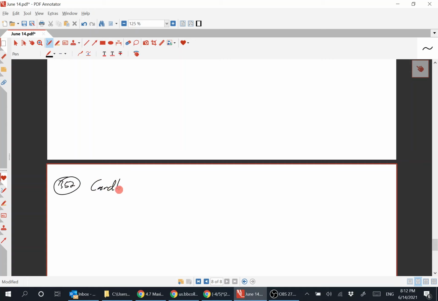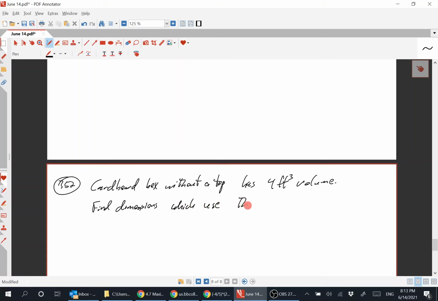A cardboard box without a top is made and has 4 foot cubed volume. So find dimensions which use the least amount of cardboard.